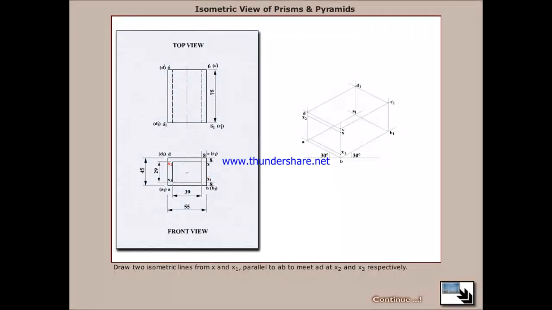Draw two isometric lines from X and X1 parallel to AB to meet AD at X2 and X3 respectively.